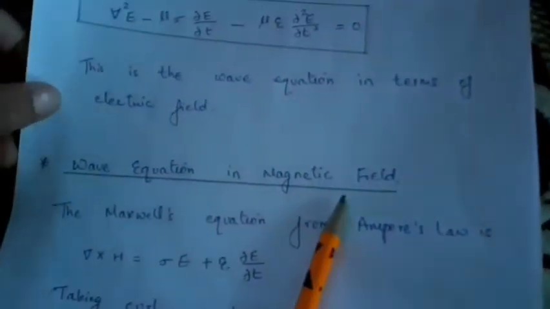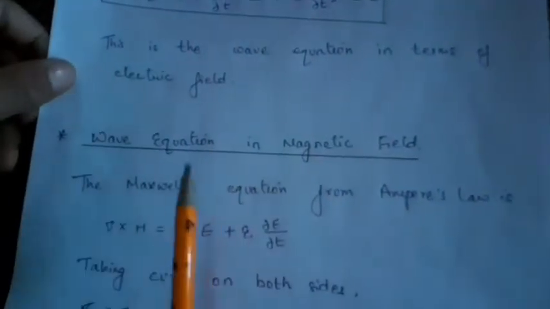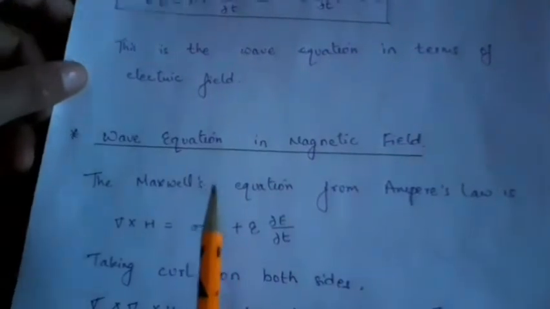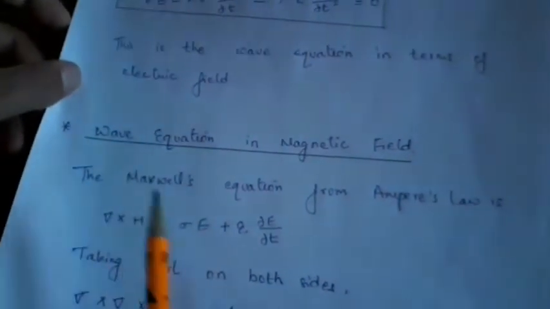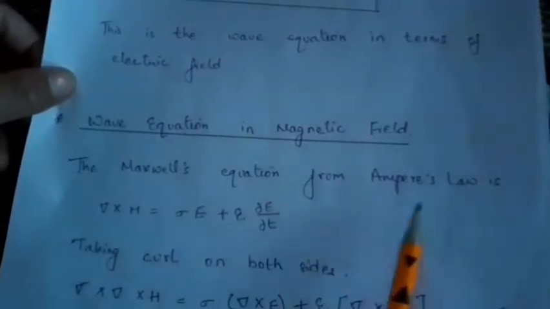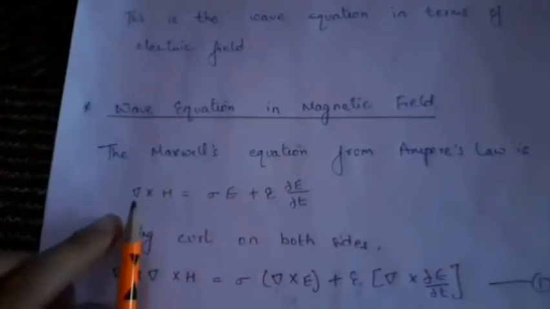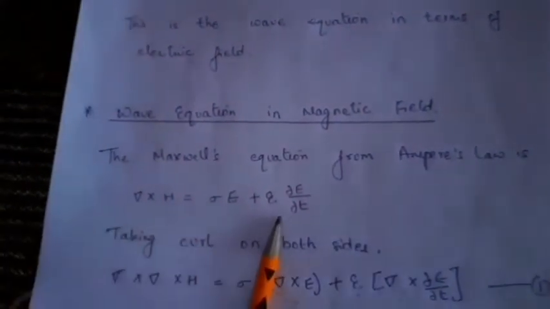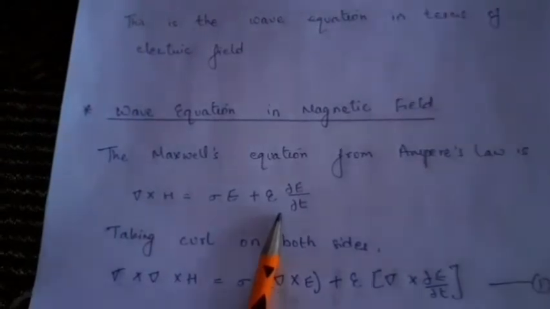So for the wave equation in magnetic field, we start with Maxwell's equation. For the magnetic field, we take Maxwell's first equation, from Ampere's law, where we have to consider del cross H equals to sigma E plus epsilon naught dou E by dou t.